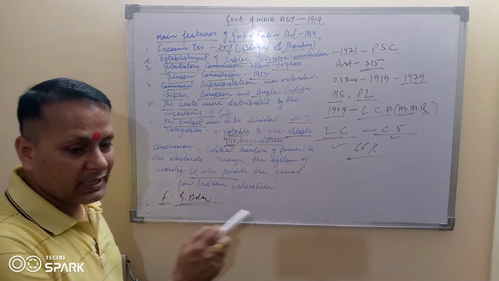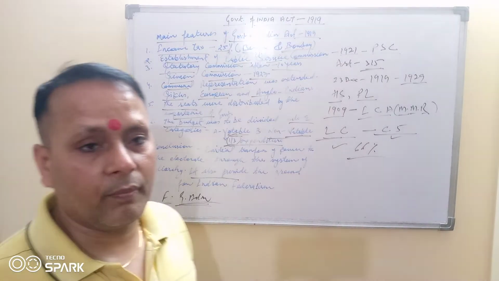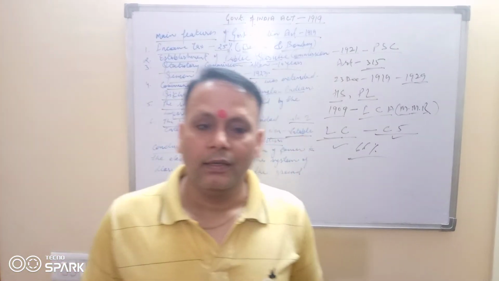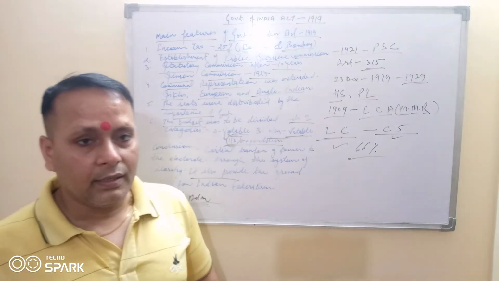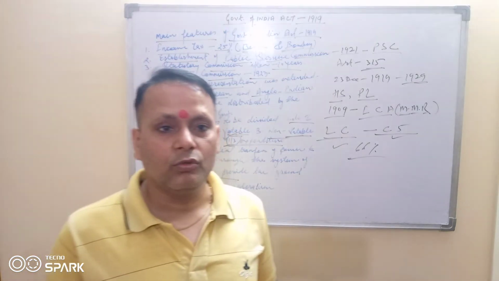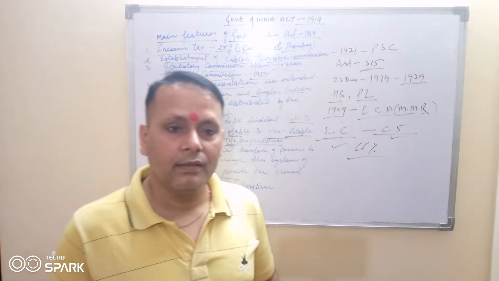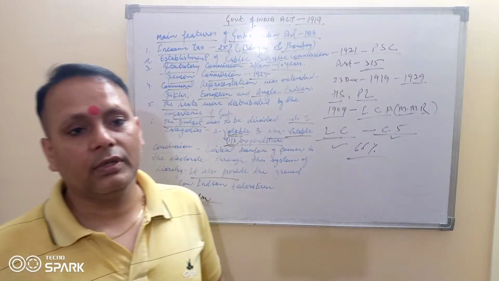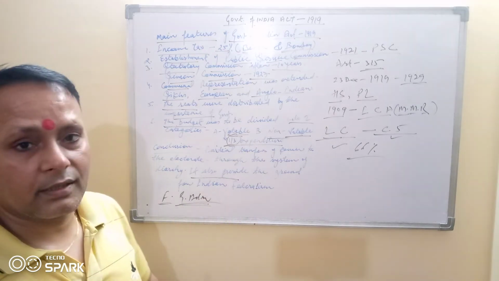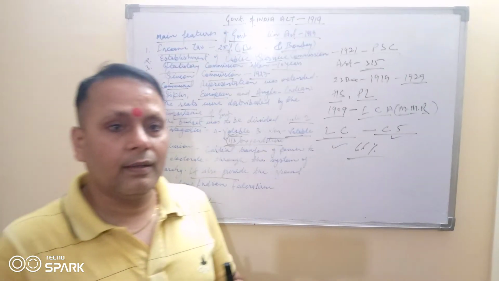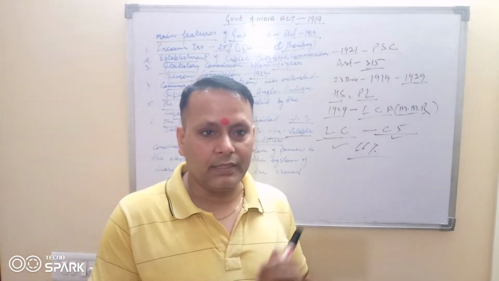So this is general administration according to the government: the respective state is governed by a governor, and the central government, the Government of India, by the viceroy, also a name for the governor general, and both are responsible to the Secretary of State.